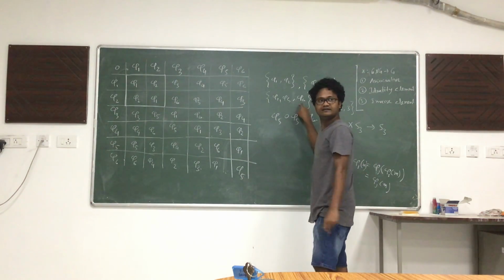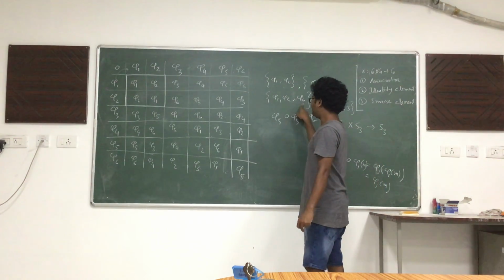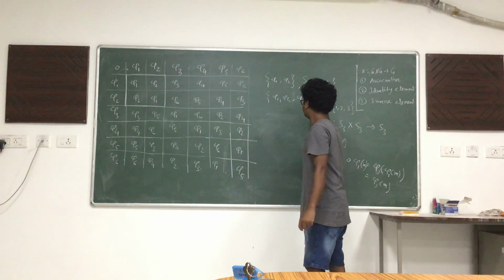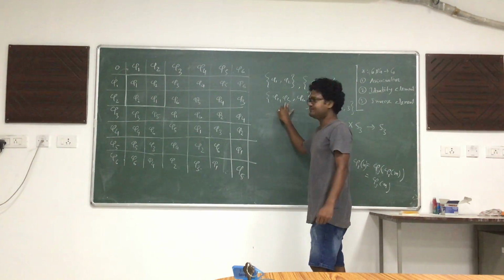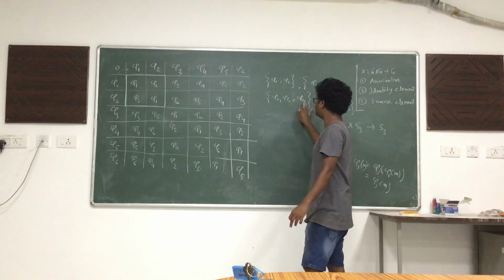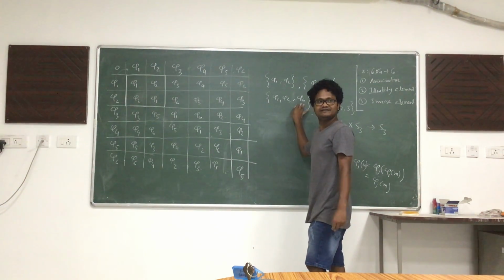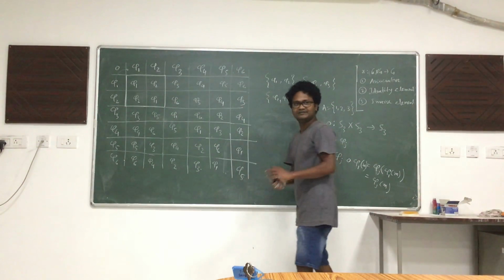So it's there. This closure has to be checked, right? φ5, φ6 is identity, fine. φ6, φ1 is of course φ6. φ6, φ6 is φ5. So it's there. So this is a subgroup, of course.